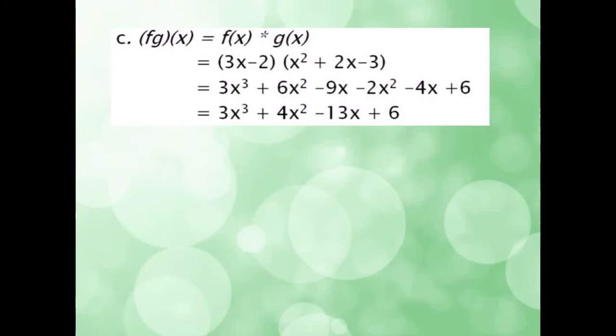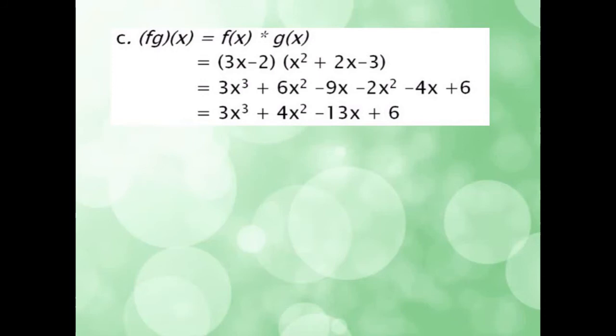That is 3x cubed plus 6x squared minus 9x minus 2x squared minus 4x plus 6. By regrouping, the answer would be 3x cubed plus 4x squared minus 13x plus 6.